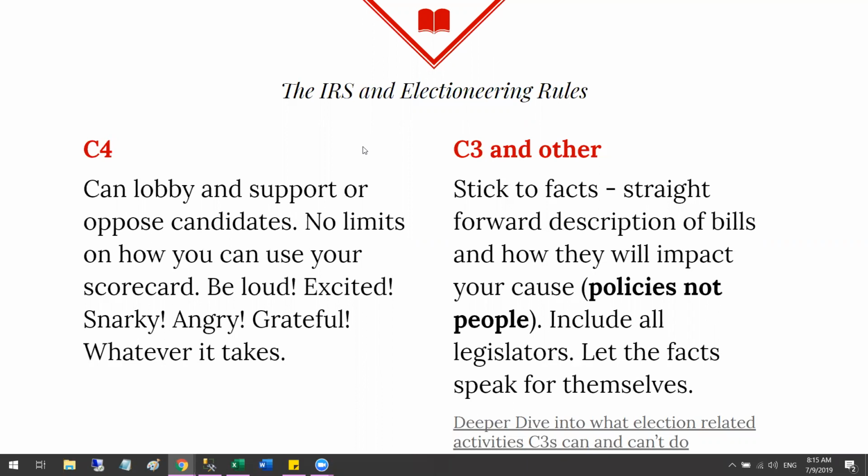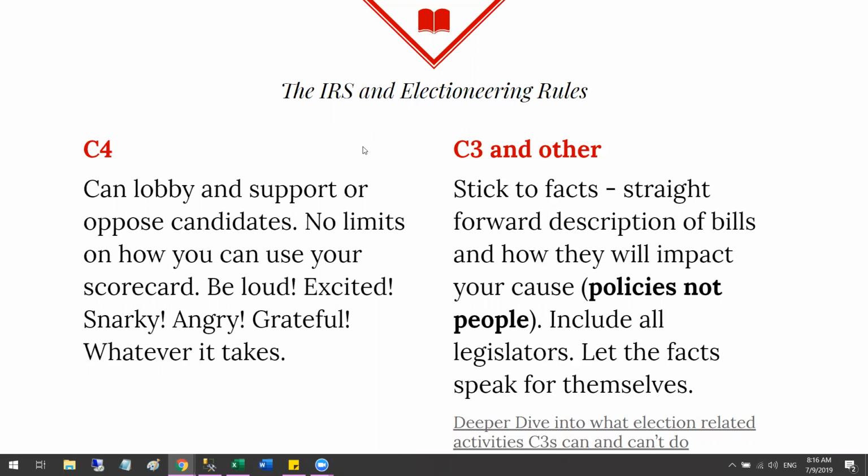And generally, having worked in both areas, a C3 can't engage in election politics. So your advocacy has to stick to issues. And scorecards, while kind of close to the line of electoral politics, are still very issue oriented.